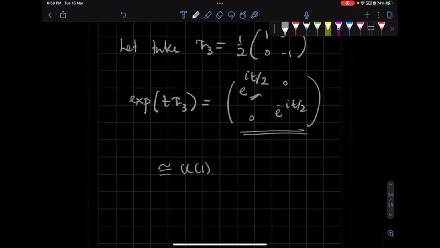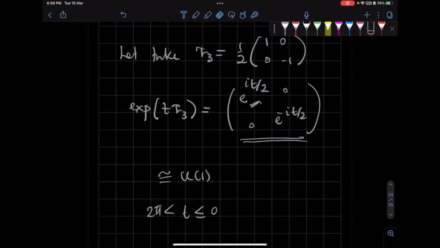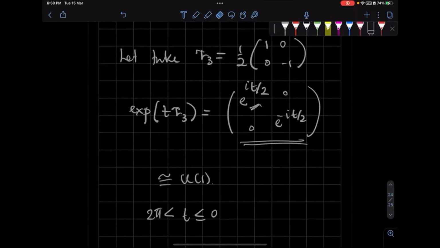Because it's an exponential, t will be between 0 and 2 pi, with these 2 points identified. So all these matrices form a one parameter subgroup, which is U1.